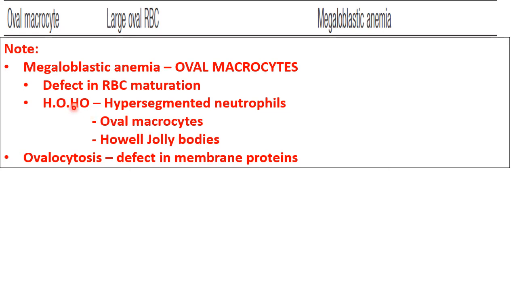And all of this derangement is caused by a defect of your RBC maturation. Iba ang oval macrocyte from the simple ovalocyte. Okay? Simple ovalocyte can be caused by hereditary ovalocytosis, which is a defect in membrane proteins. Na i-discuss natin yan for later on.